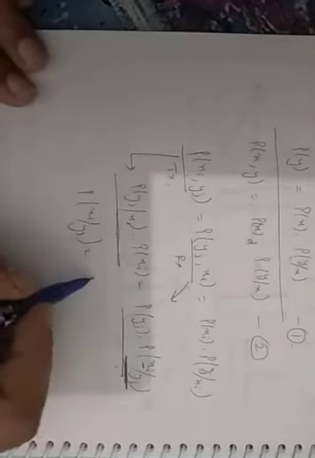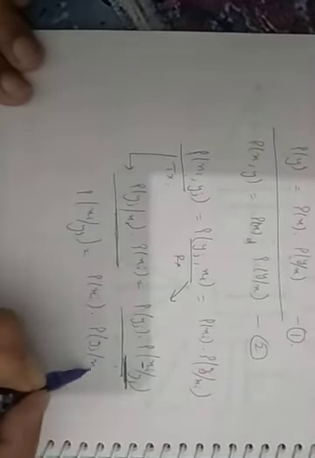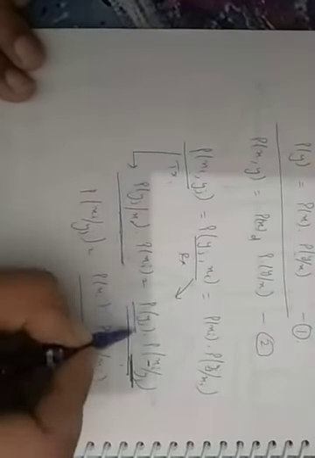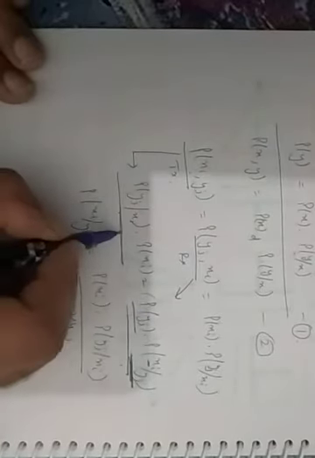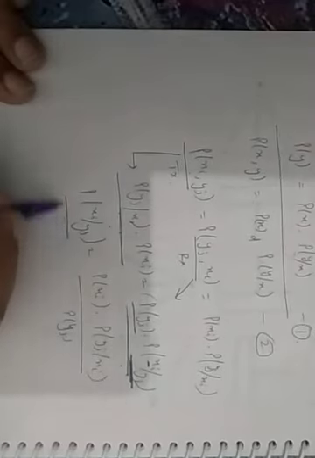I am repeating again, this is not channel matrix. So how do we calculate P(xi/yj)? It is equal to P(xi) into P(yj/xi) divided by P(yj). We have cross multiplied yj and it comes in the denominator. This is how we calculate P(xi/yj).